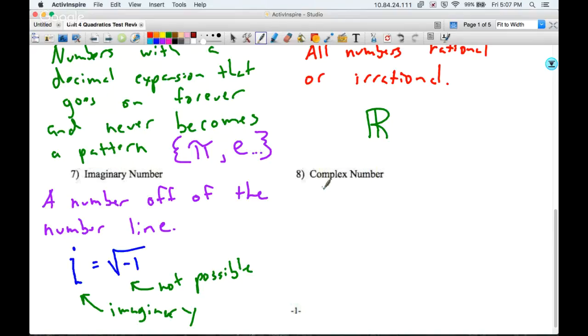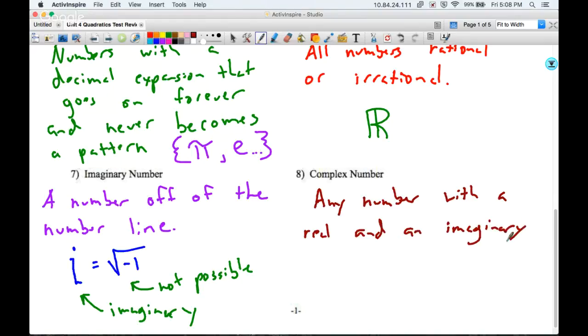Now, a complex number is any number with a real and an imaginary part. So we could have a number like 5 plus 3i.